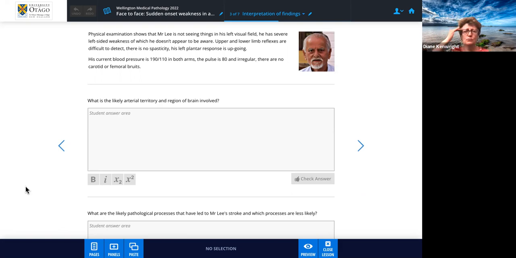The visual problems could well be due to involvement of the optic radiation as it passes through behind the eye, so that can still be affected in anterior strokes. Often people have a misconception that maybe just posterior strokes can affect the vision, but no, that's not true. So we know that he's got an anterior arterial territory stroke.